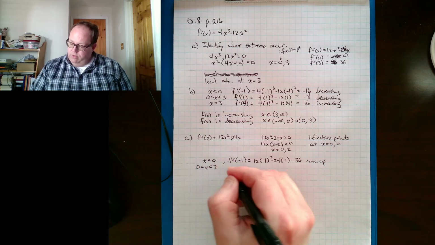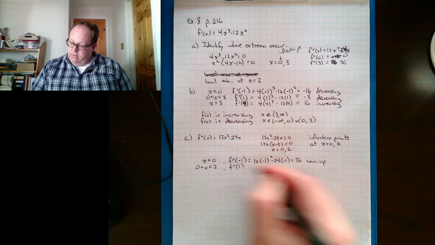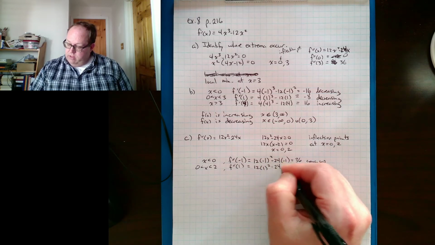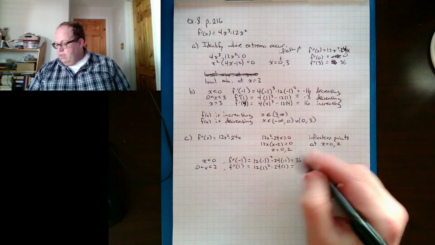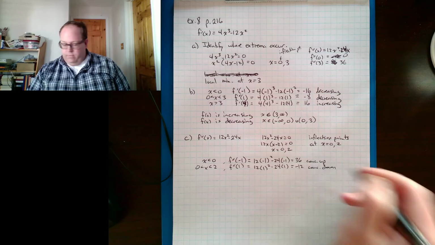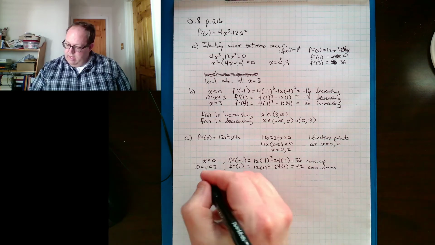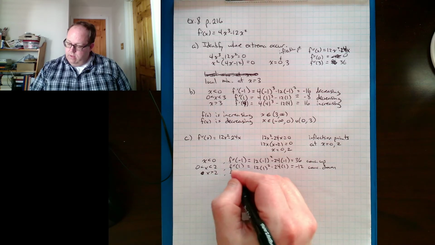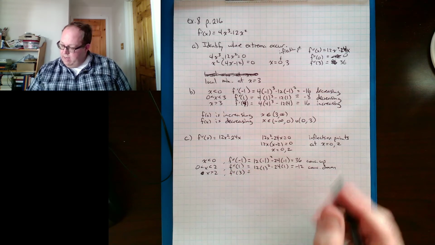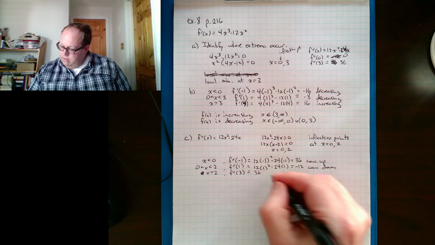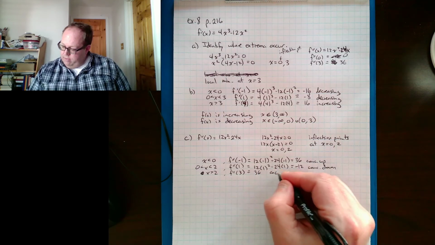Between 0 and 2, double prime at 1, I get 12 times 1 squared minus 24 times 1, and that's going to be negative 12, or concave down. And then lastly, for x greater than 2, say at 3, I've already worked it out, that equals 36, so it is concave up.